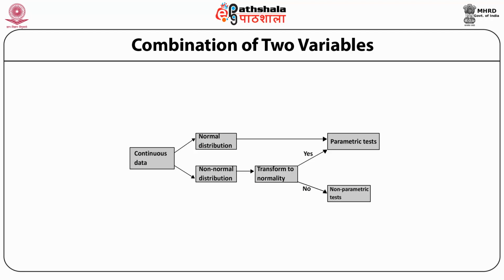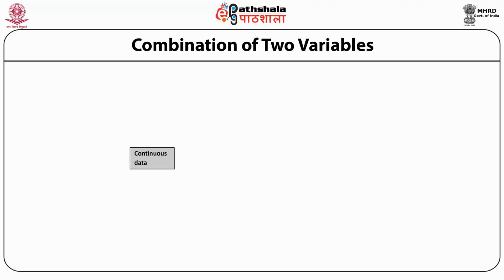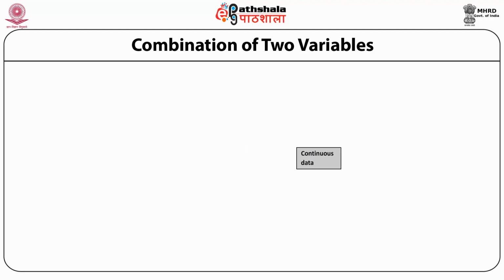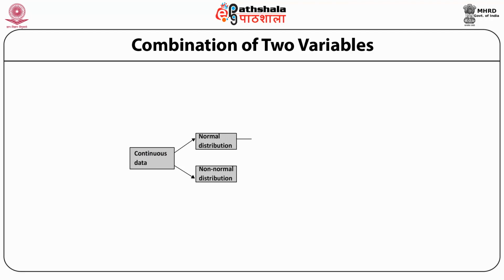If it is a normal distribution, go and apply a parametric test. If it is not normal, transform to normality. If it becomes normal, then again apply parametric, otherwise apply a non-parametric test.